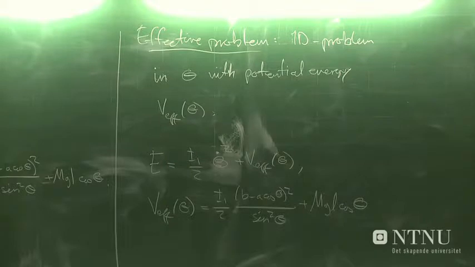And you may recall that this is actually not the first time we've managed to obtain an effective one-dimensional description of a higher dimensional problem. We obtained the same thing in the context of central forces, where we were able to use the conservation of angular momentum to eliminate the theta coordinate and just obtain an effective radial dependence.